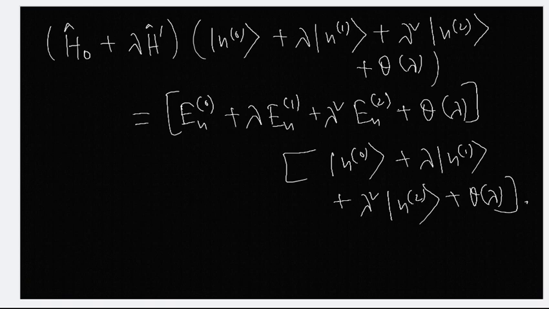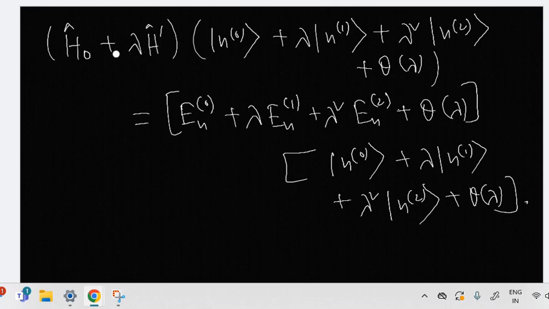Now in this equation you can collect the coefficients of different powers of lambda, because it's a power series, and within a power series the different power terms are mutually independent.